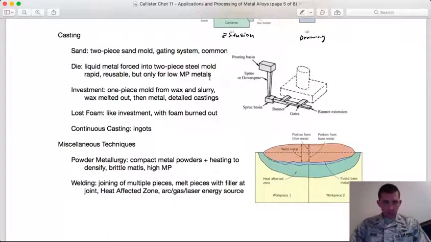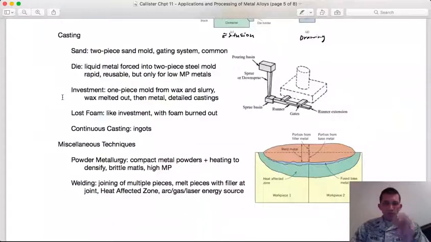You can, instead of having a sand cast mold, use a die, which would be a reusable metal mold that you could pour molten material into. But this is limited in melting point. Obviously, you can't have a really high melting point metal being made in a metal die, because what do you make the die out of, right?